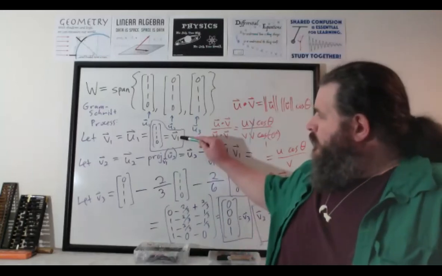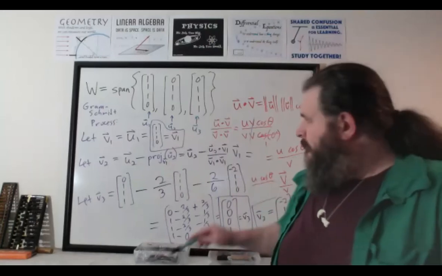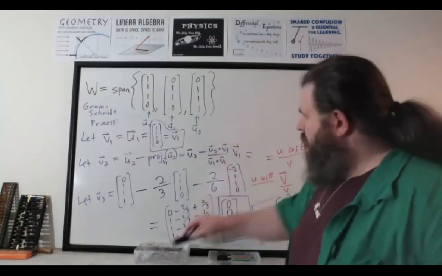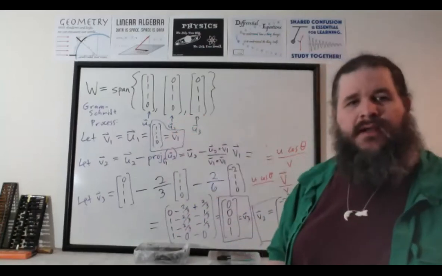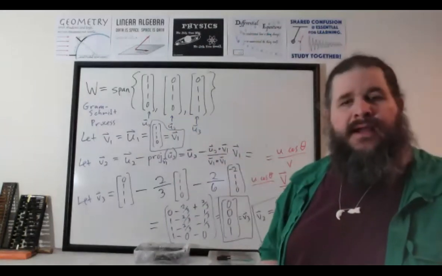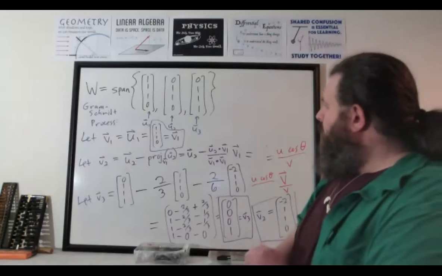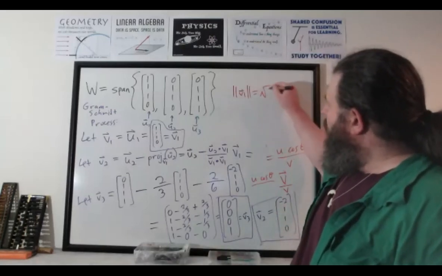So for instance, v1, what's the magnitude of v1 here? Root 3. Right. 1 squared plus 1 squared plus 1 squared plus 0 squared is 3. And then we take the square root of the dot product to get the magnitude. So we know the magnitude of v1 is the square root of 3.